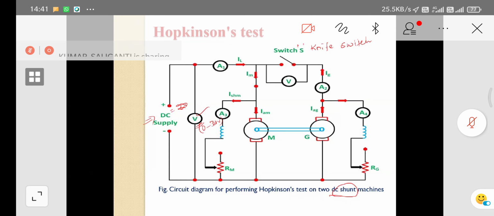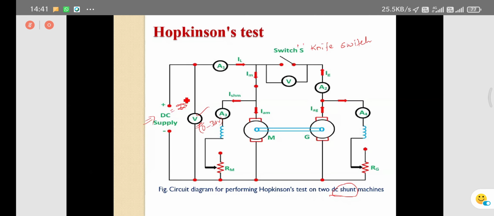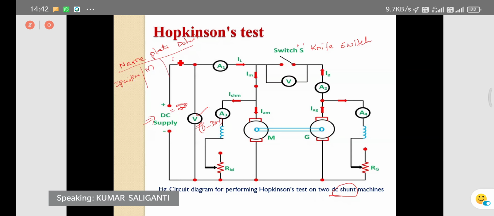One part you have to remember: coming to the nameplate details of this Hopkinson test. Suppose you consider the specifications. This is for the motor and this is for the generator. These are the serial numbers.